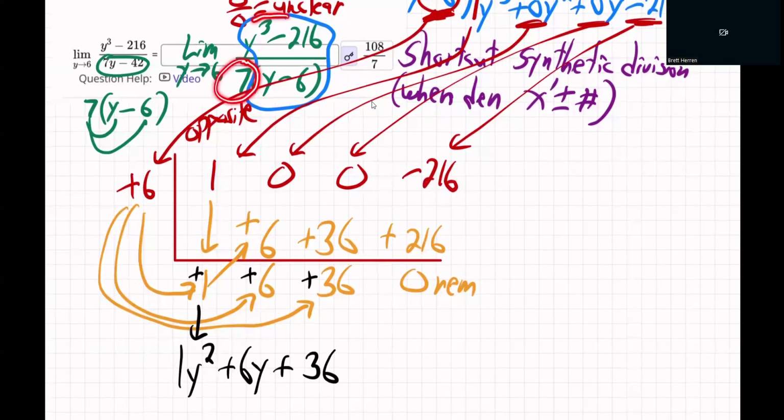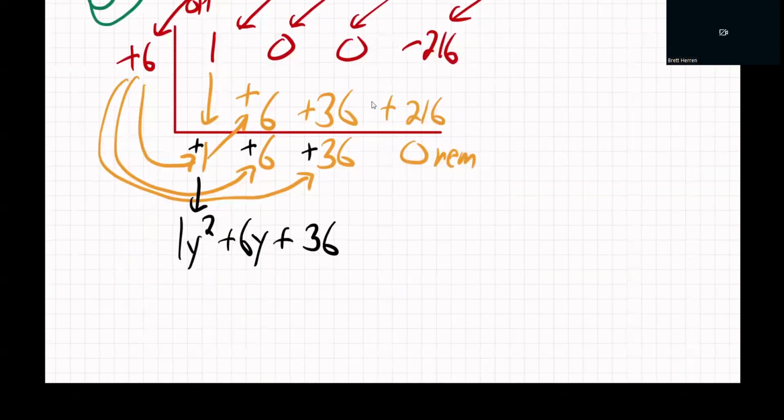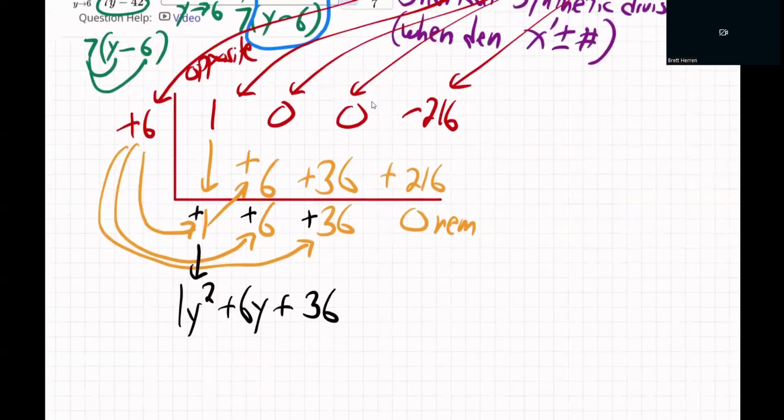Remember, I left the 7 out of it. The 7's still there. I haven't done anything with the 7 yet. I'll put it back in a minute. I just took the y cubed minus 216 and divided it by the y minus 6, and it became this answer. So now the problem has become the limit as y goes to 6.